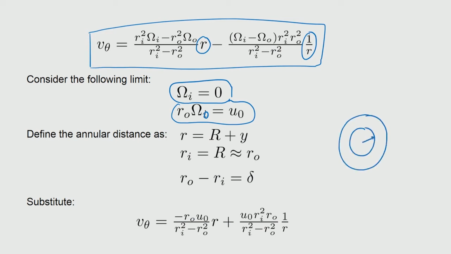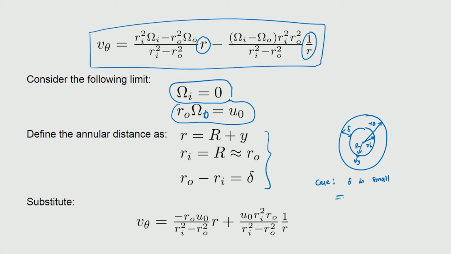So earlier it was Ri and Ro. We want to define the distance as follows. This is capital R, and from here onwards it is basically y, and the total distance here is delta. We want to do this for the case where delta is very small.